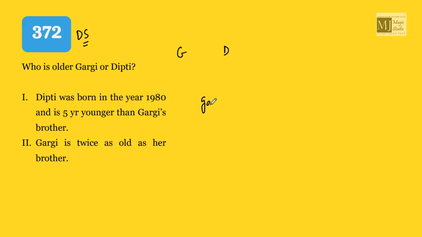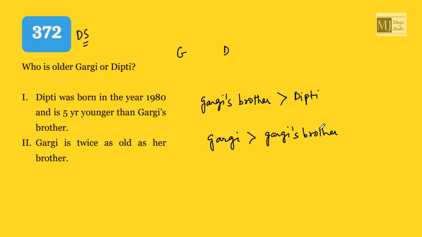That means Gargi's brother is elder than Dipti. But where is Gargi? Statement 2 says Gargi is twice as old as her brother. That means Gargi is elder than Gargi's brother. But where is Dipti in statement 2?